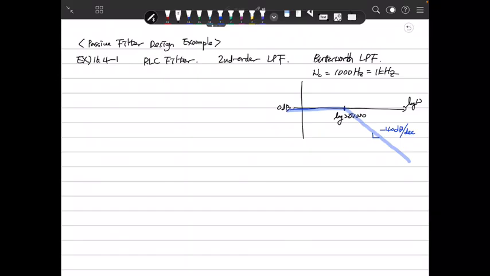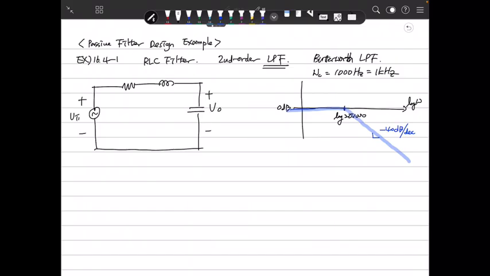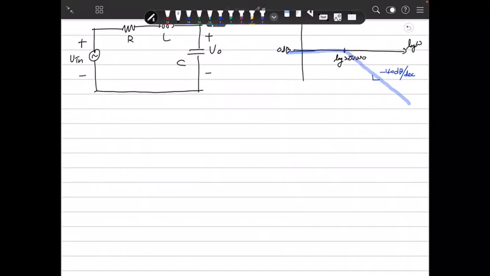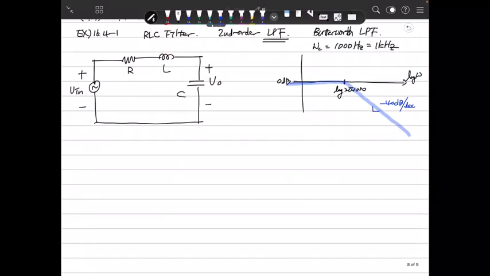What is the RLC filter? The RLC filter looks like this, with R, L and C. If you want to make a low-pass filter, then you define the capacitor voltage as the output, and this is V in. This is the RLC low-pass filter. At first, I will derive the filter's transfer function based on this circuit.